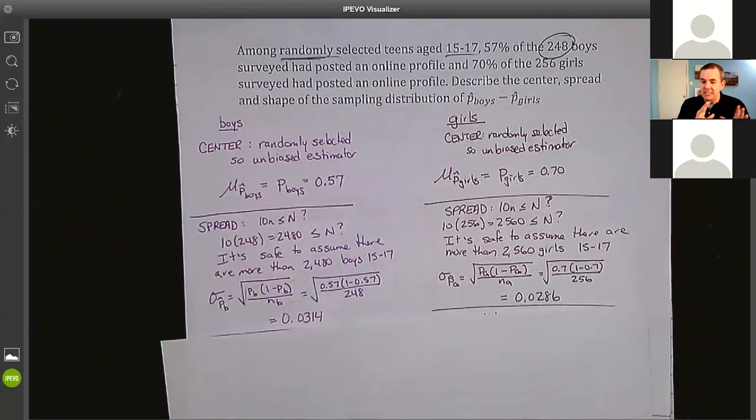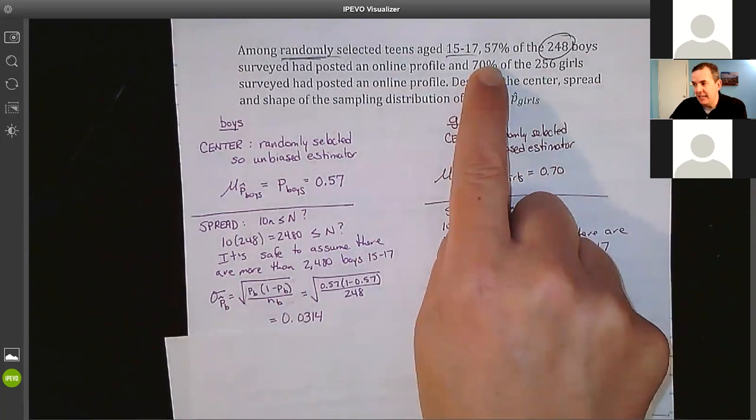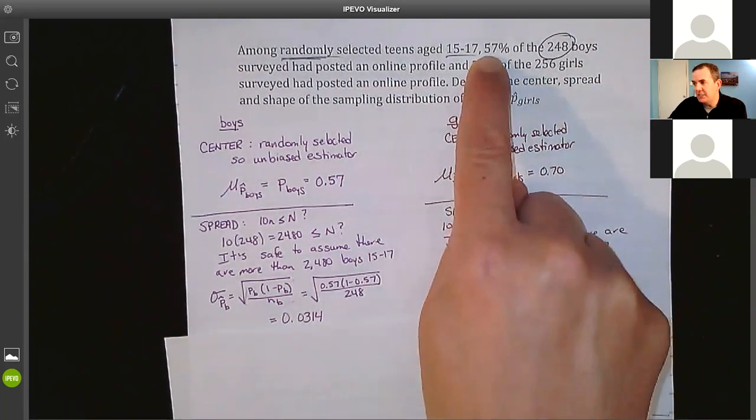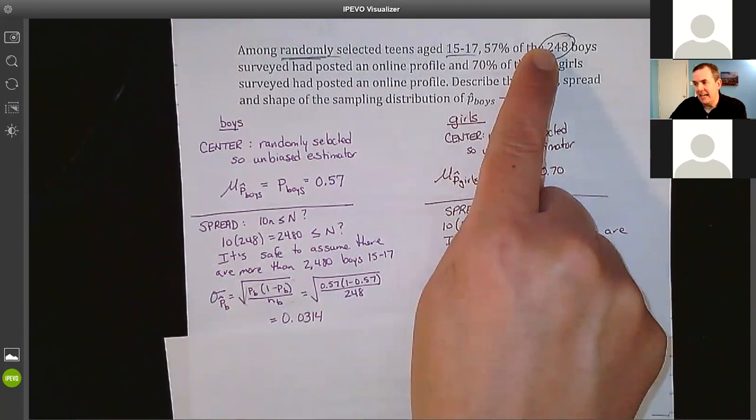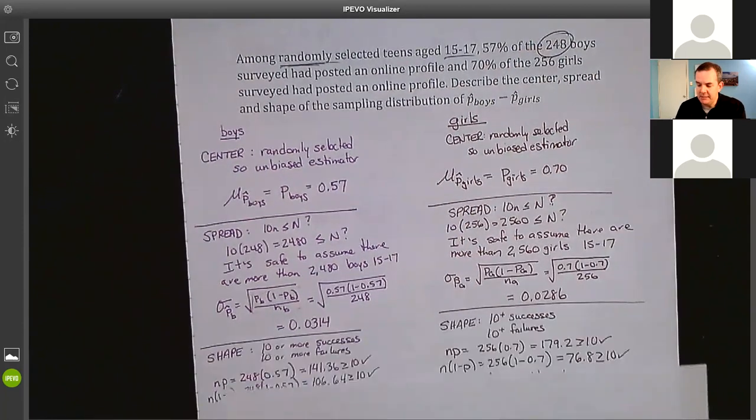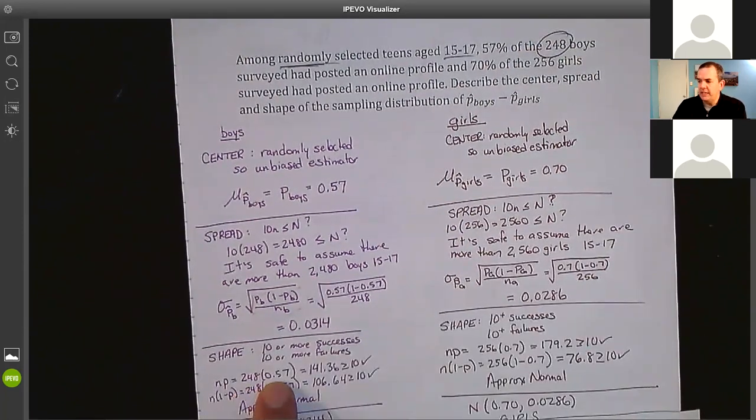And the shape is the 10 or more successes, 10 or more failures. And again, if you think about it, it doesn't say explicitly how many successes or how many failures, but you can calculate it. 57% of the 248 have an online profile. So what does that mean? 248 times 0.57 tells me 141.36.